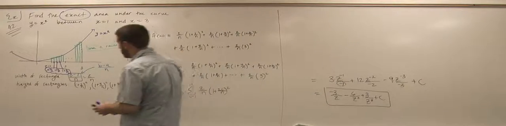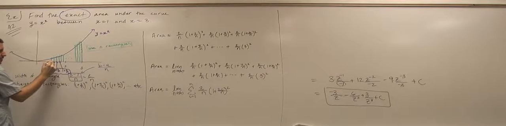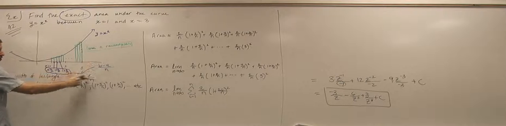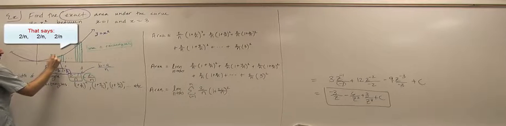Yeah, each one of these tiny rectangles has a width of 2 over n. Each one of these little widths is 2 over n.